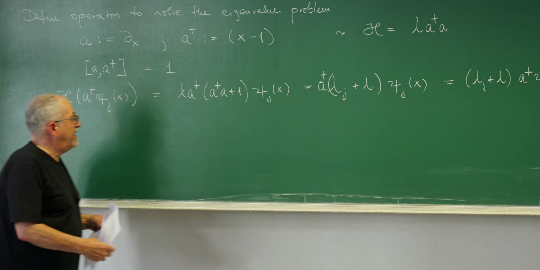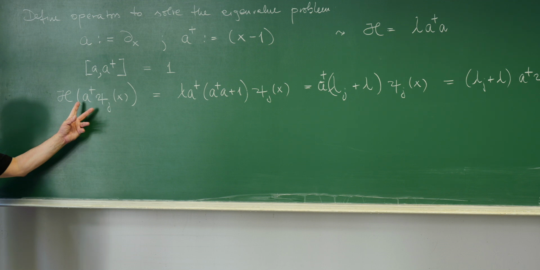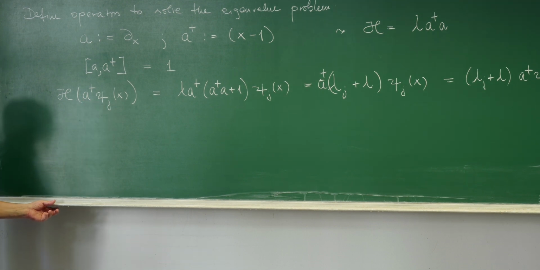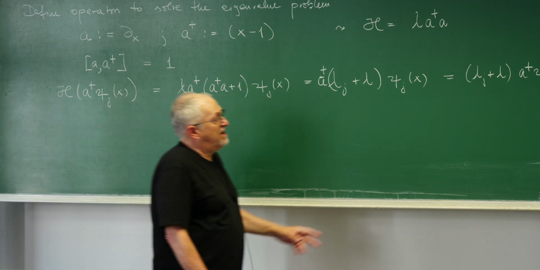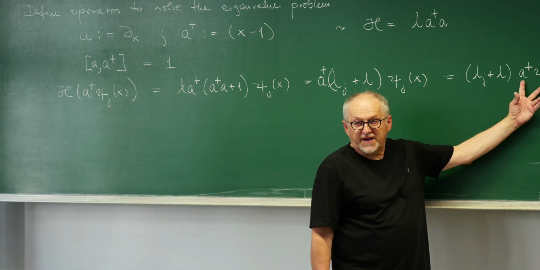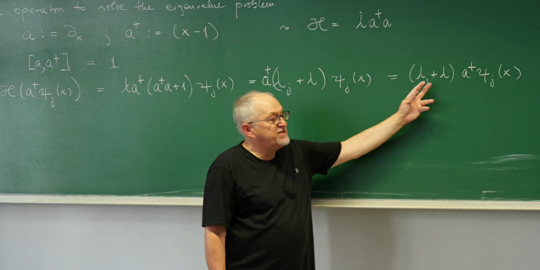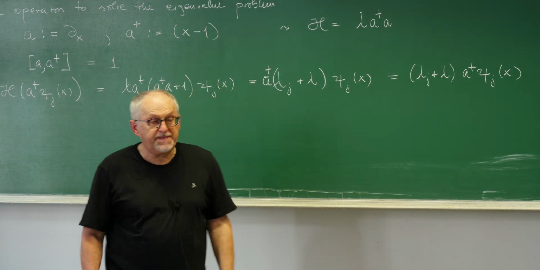So what you find by doing so is that this object here is again an eigenfunction. As you see here, it's reproduced on the right hand side, but the eigenvalue is shifted. The eigenvalue is lambda_j plus lambda.